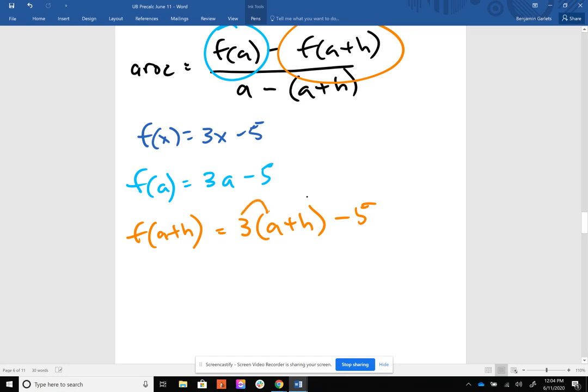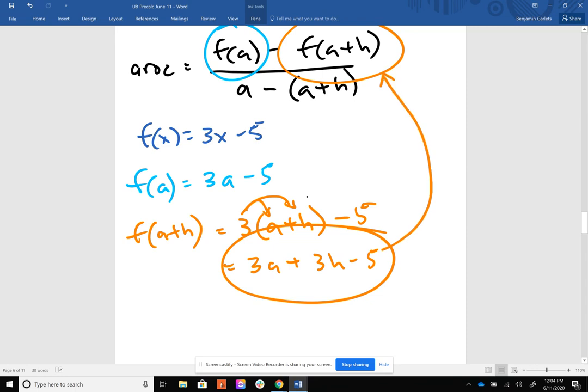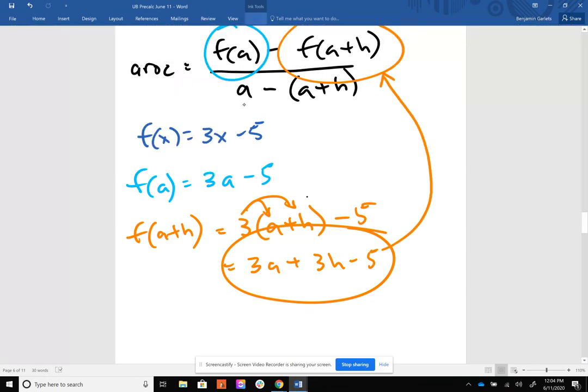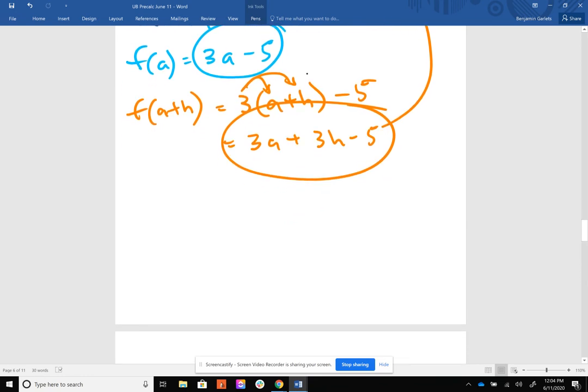I'm going to distribute 3, and I get 3a plus 3h minus 5. So now I have an a term, an h term, and a constant term, so I can't simplify that anymore. So I'm going to take this and put it right here, and take this and put it right here. Okay? And then we're going to simplify.